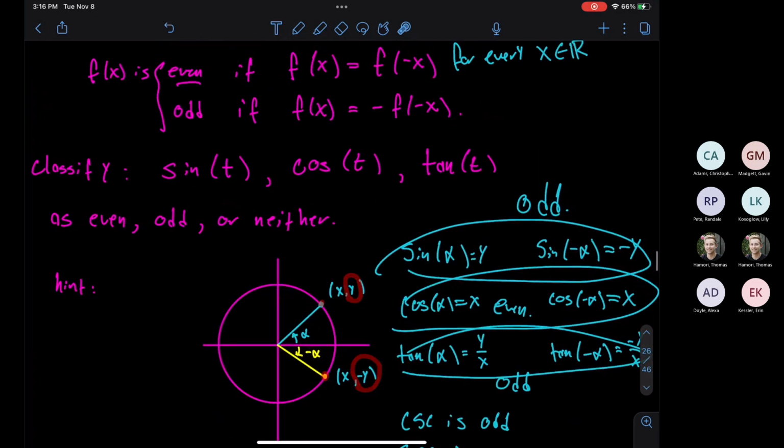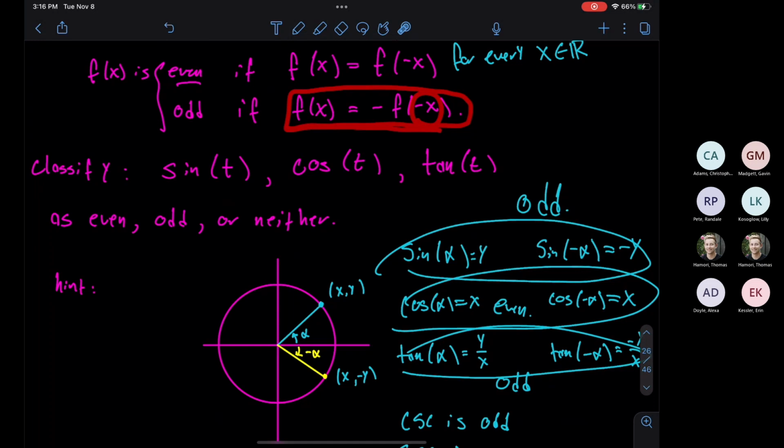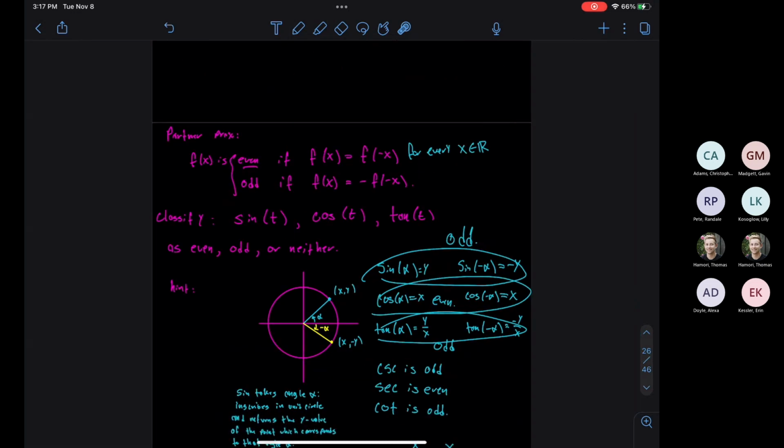That is the definition of a function being odd. We plug in the negative of the input, then the output will be the negative of what it was. And likewise for even, but slightly different statement, right? Any questions on even and oddness?